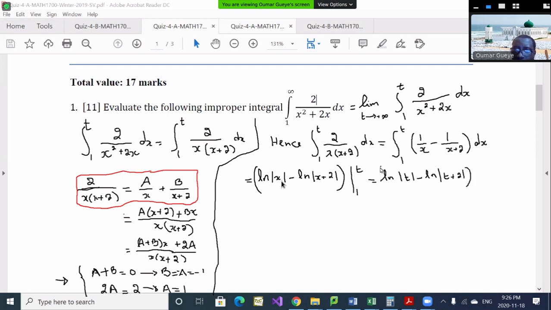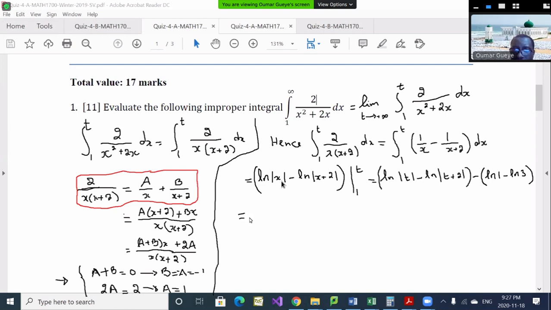This first bracket is obtained when you substitute x by t. Now we substitute x by 1, which gives ln of 1, which is 0, minus ln of 3. There is no need to write the absolute value because it's already positive.